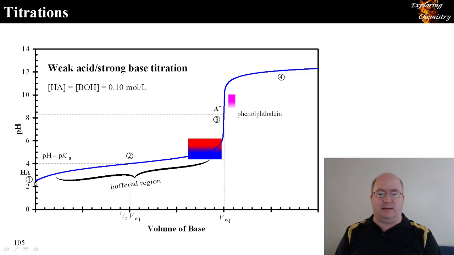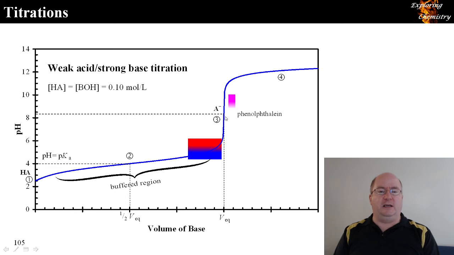So the pH is something greater than 1, controlled by the Ka value. Region 2 is now a buffer, where at the half equivalence volume the pH equals the pKa, so there's a buffered region that's created.